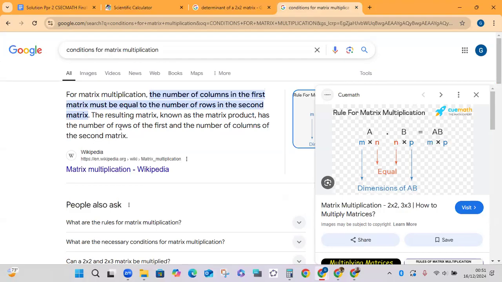It has the number of rows of the first and the number of columns of the second. Read this very carefully. The number of rows of the product has to be the same as the first, reading from left to right, and the number of columns must be the same as the second.